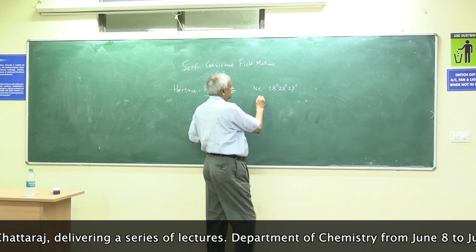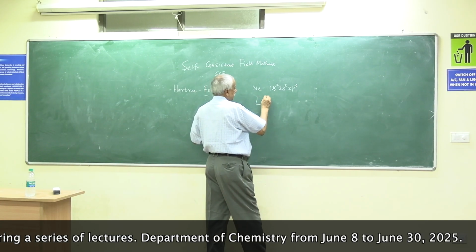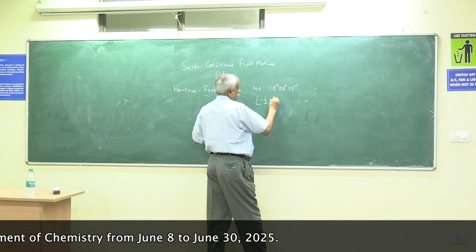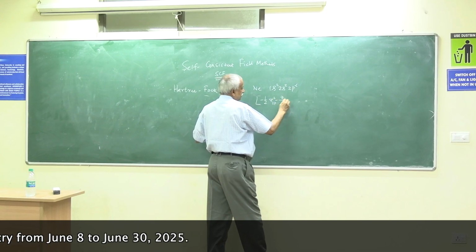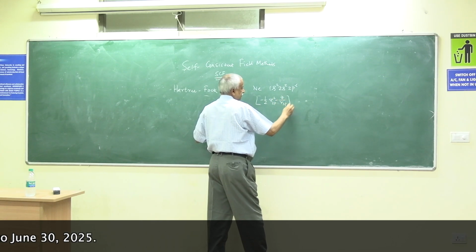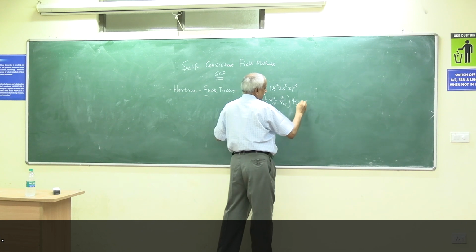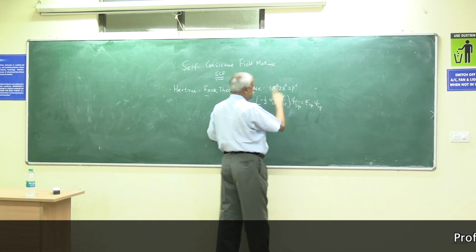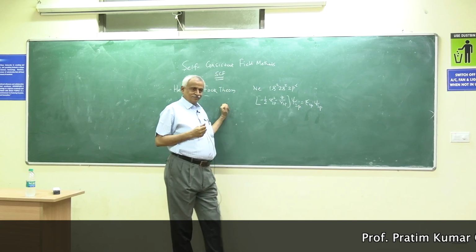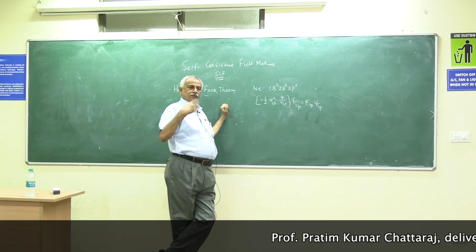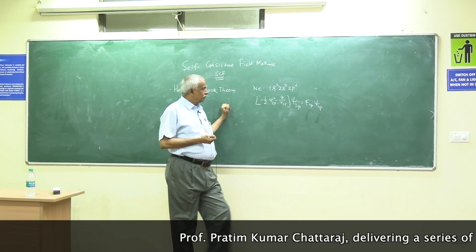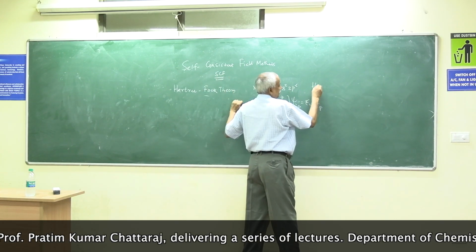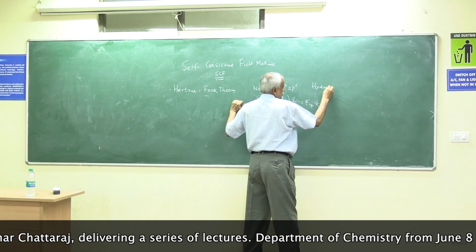So if you solve this, you get minus half del squared minus Z by r, psi 2p equals e 2p psi 2p. You can see this is like a hydrogenic system. So if you want to get the 2p orbital, these are hydrogenic orbitals.